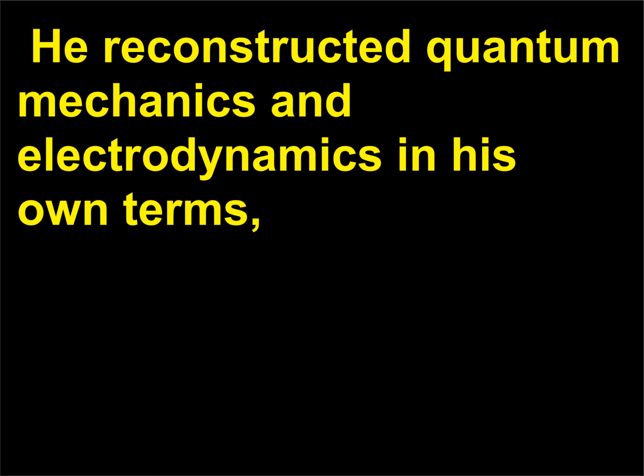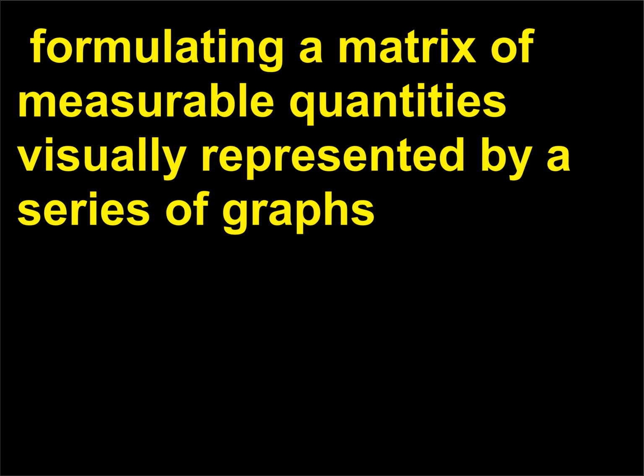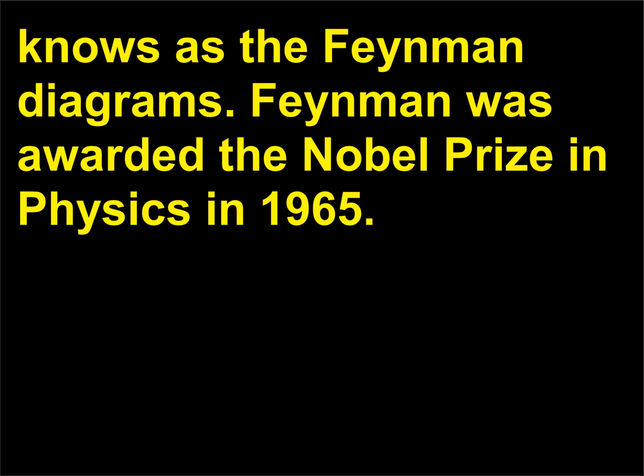He reconstructed quantum mechanics and electrodynamics in his own terms, formulating a matrix of measurable quantities visually represented by a series of graphs, known as the Feynman diagrams. Feynman was awarded the Nobel Prize in Physics in 1965.